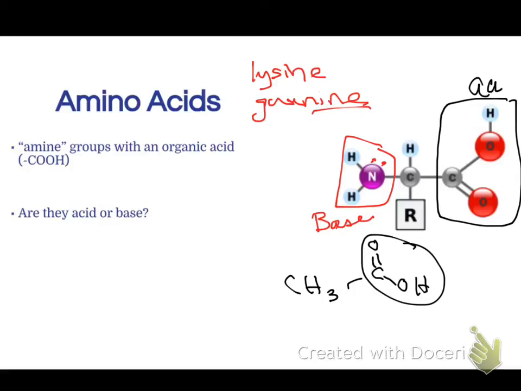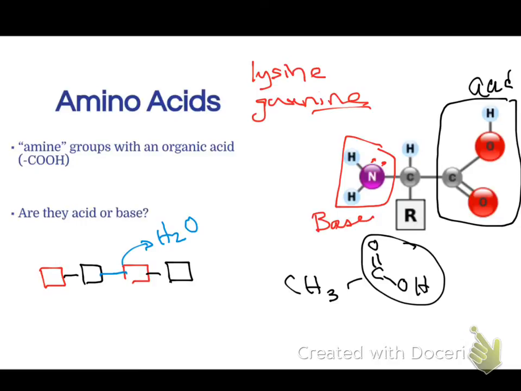So that means that this amino acid structure has both a region that is a base and another region that's an acid. And this is very handy because it has the ability to take one amino acid and form a connection to the next one. If our black represents an acid and our red represents a base, when you have an acid and a base, they can form a bond by releasing water.